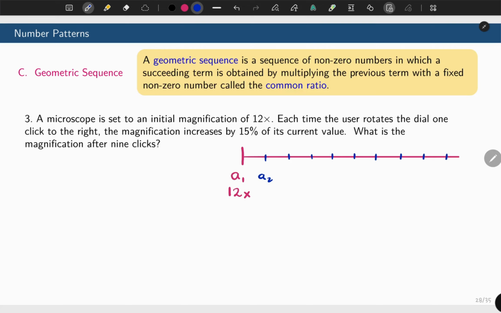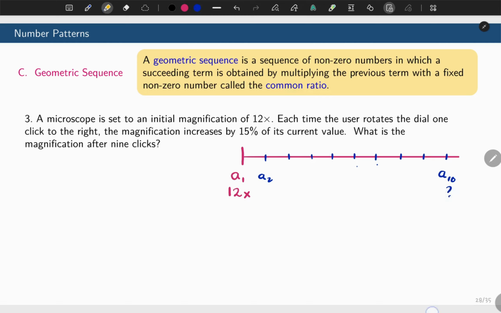How many clicks are there? The color blue represents the clicks. So for the first click, you have a sub 2. So this one implies that on the 9th click, you already have a sub 10. First, second, third, fourth, fifth, sixth, seventh, eighth, ninth. A sub 10. So that's what we're going to find.